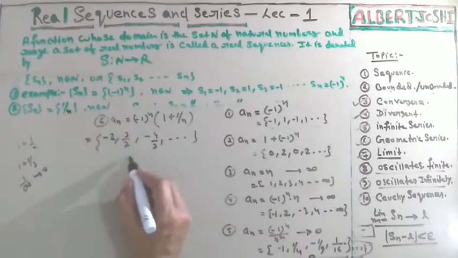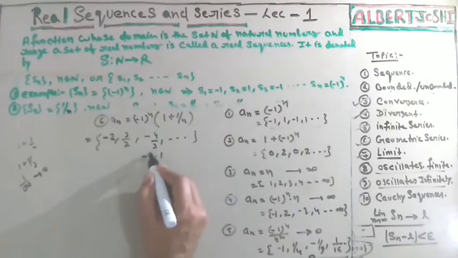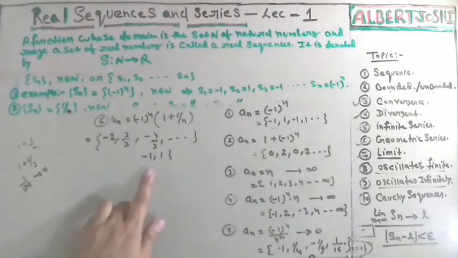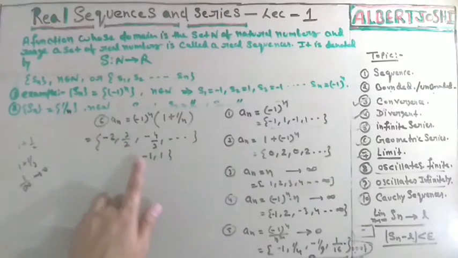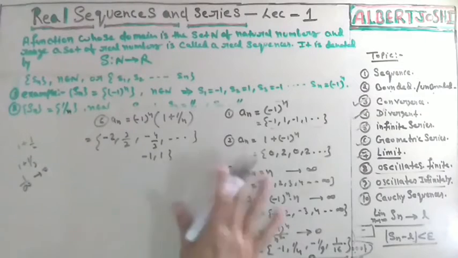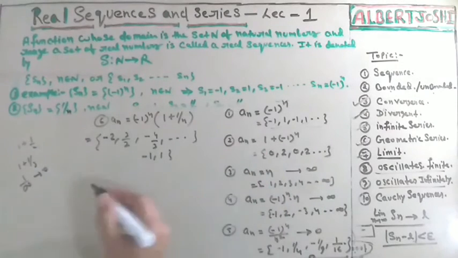In this condition you are getting two values, minus 1 and 1. Actually, that is the limit supremum and limit infimum, which is not in your syllabus.